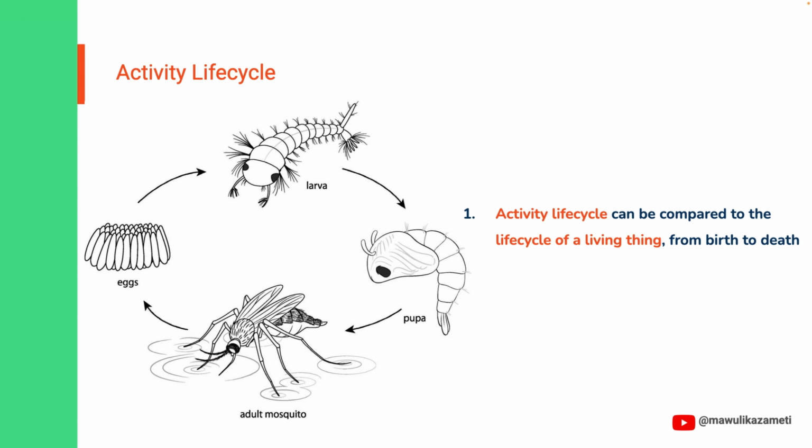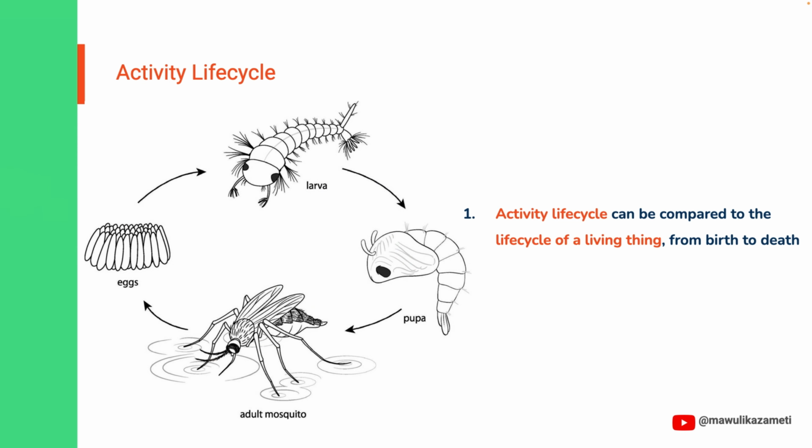Thank you. Every activity has what's known as a life cycle. An activity's life cycle can be compared to the life cycle of living things, from birth to death, like the life cycle of a mosquito. The different stages of the mosquito show how it grows from egg to larva, pupa, and then adult mosquito.